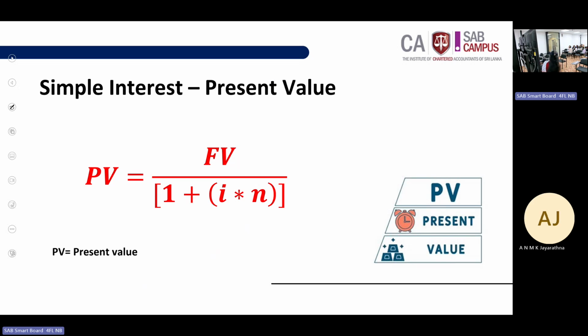How much do you need to deposit today? That is the present value. Nothing new here. Accordingly, future value divided by 1 plus interest rate multiplied by n is the present value.